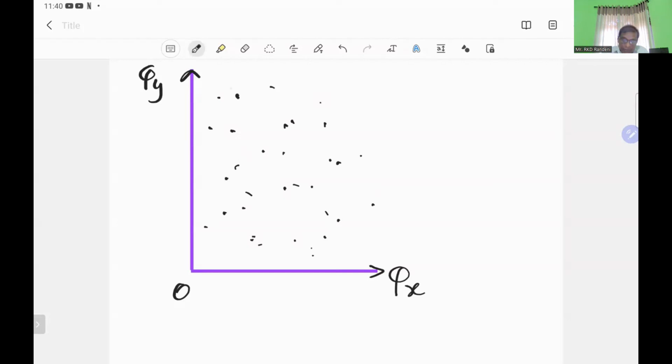You can join these points using a curve. That is the indifference curve.